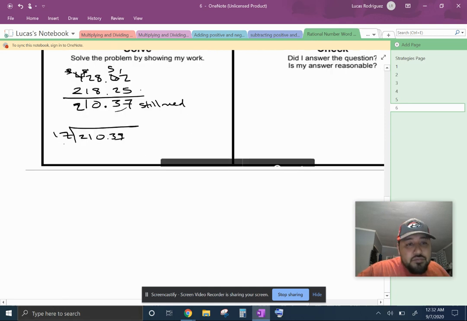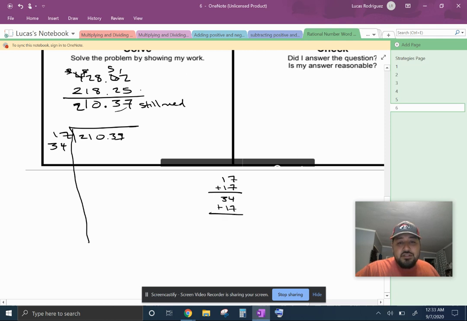All right. Now over here, I like to put my multiples. How I find my multiples is I just keep adding. So 17 plus 17, I know that one off the top of my head, it's 34. So I'm going to put a 34 down here. That's times 2. So times 1 is 17, times 2 is 34. Plus 17 is 51, so times 3 would be 51.